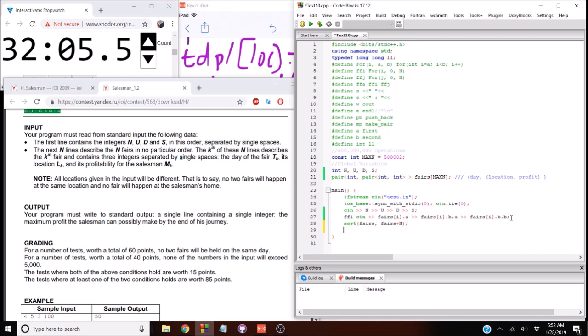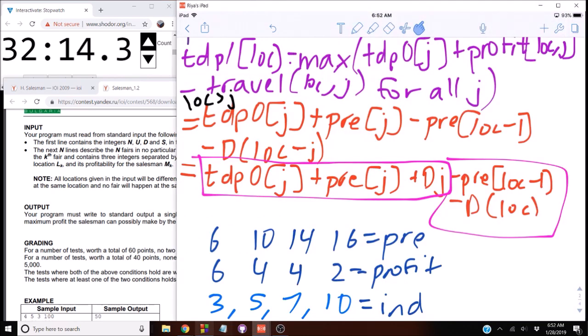Alright, so the formula I was using goes for every day. Like the DP thing, it works if I do it per day.